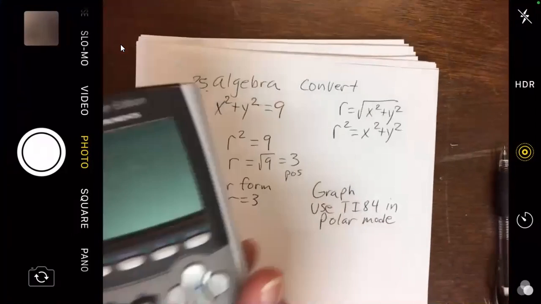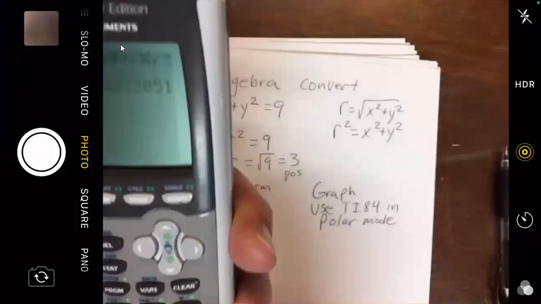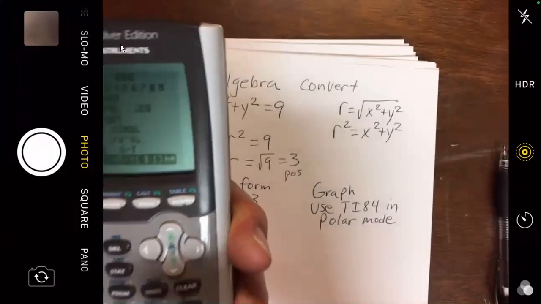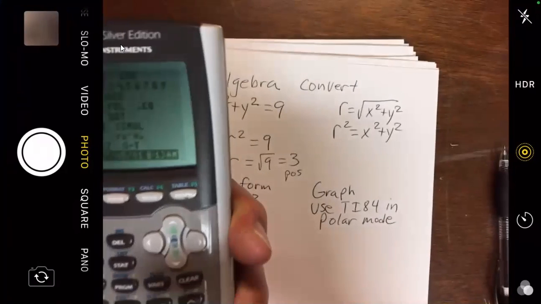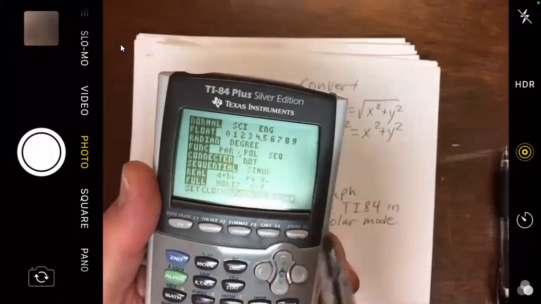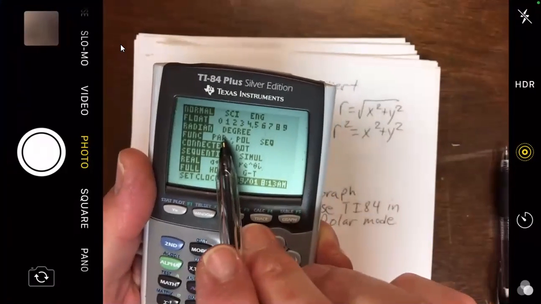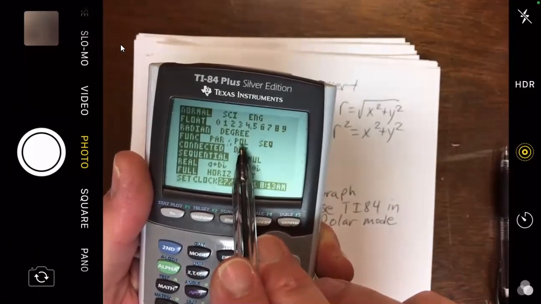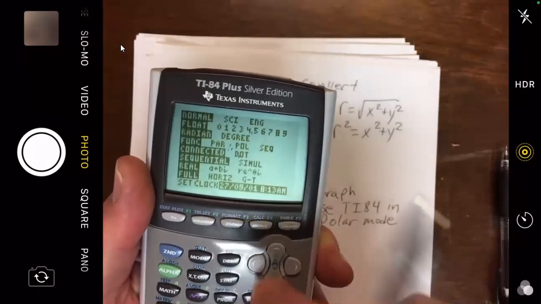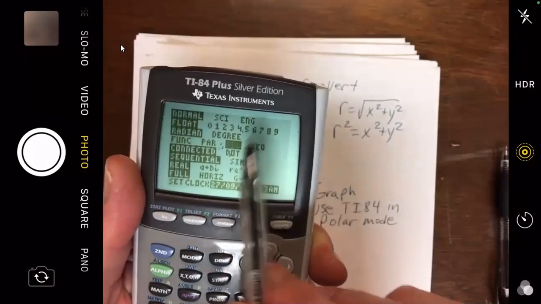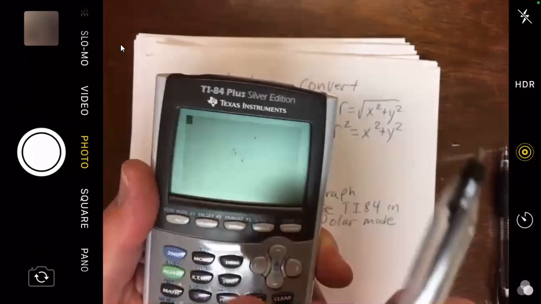So this is the second mode of this chapter. If you go to mode, and yeah, you want to be in radian mode. And run down, we've used parametric in 10.2. We want to use POL, polar mode in 10.4. Enter, polar mode. Quit.